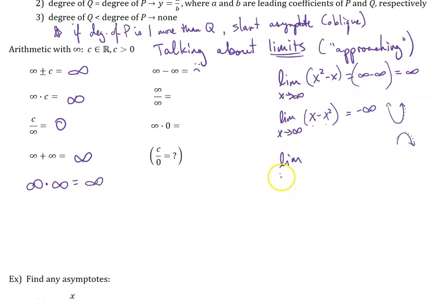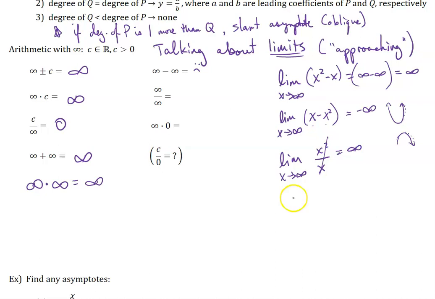Let's say we have the limit as x approaches infinity of x squared over x. Plugging this in, I'd have infinity over infinity, but I also know that this reduces to just x, meaning that here we have a limit of infinity.